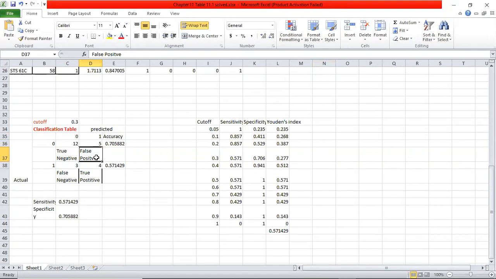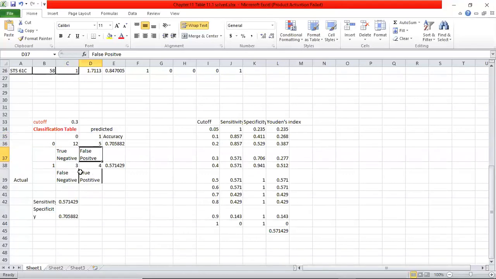False positive means it has predicted 1, but actually it is 0. Always this positive and negative depends on the predicted value. So my predicted value is 1, but actual output is 0, so it is called false positive.